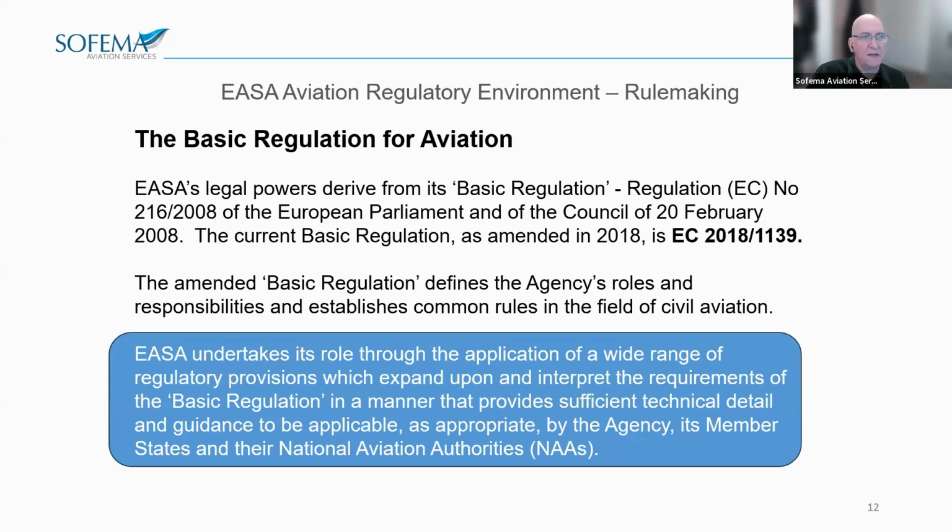So this amended basic regulation, the latest version, defines the agency's roles and responsibilities and establishes common rules in the field of aviation. Now, EASA undertakes its role in regulation through the application of a wide range of provisions which expand upon and interpret the requirements of this basic regulation, which you can call the mother or parent regulation for aviation, in a manner that provides sufficient technical detail and guidance to be applicable.